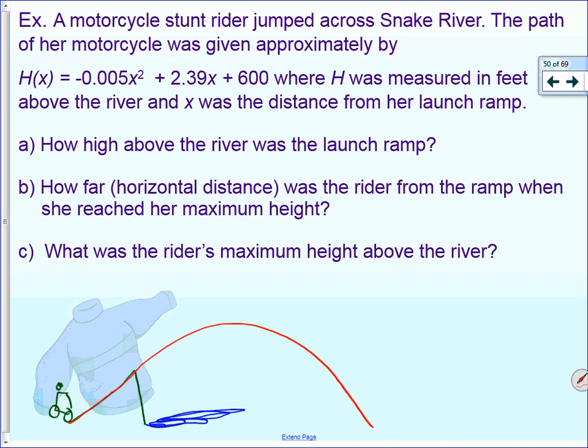Since x was her distance from her launch ramp, that means this is going to be where our axis is superimposed. Oh wow, that is not even close to vertical.